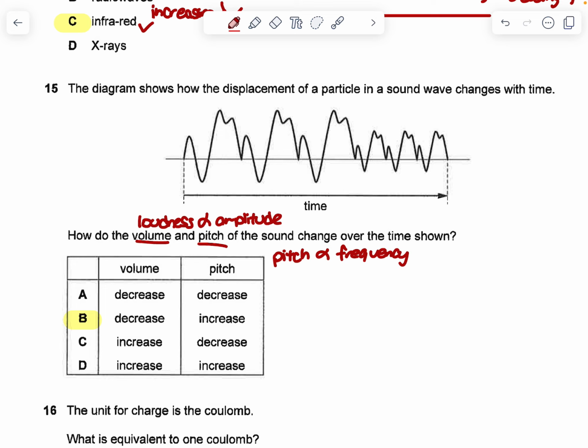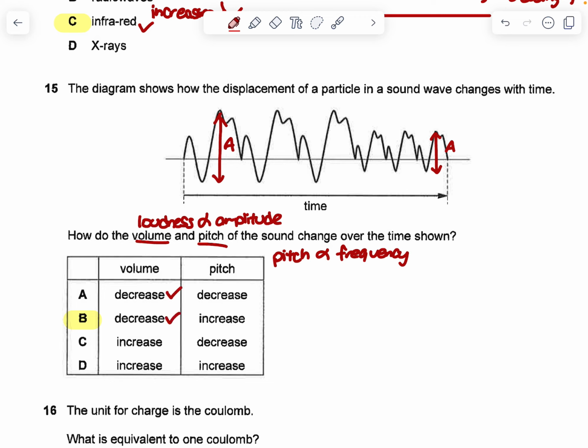Okay, so we can look at the amplitude of the wave. We see that the amplitude of the wave, you can take the 2A. So amplitude decreases over time, so it means the volume should decrease.